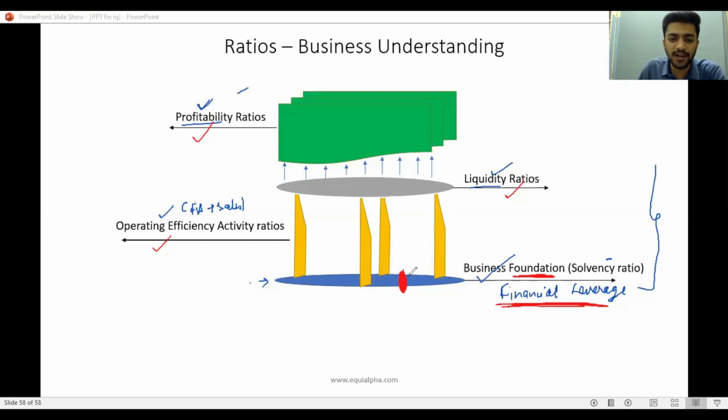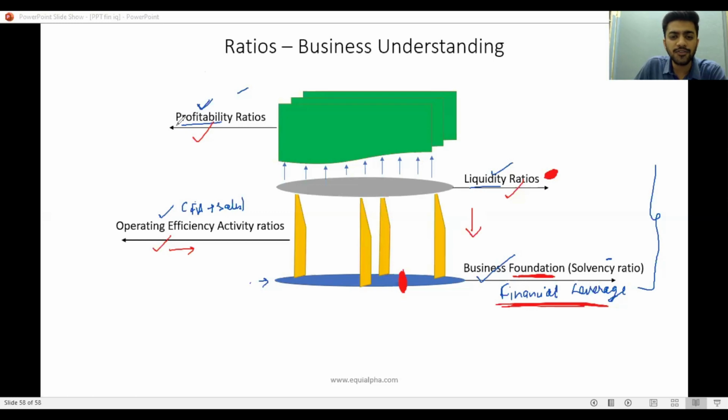And once it gets bigger, you know what will happen if the foundation of any building gives out. These pillars will eventually fall. So these pillars will then fall, as a result of which this will now become very doubtful.